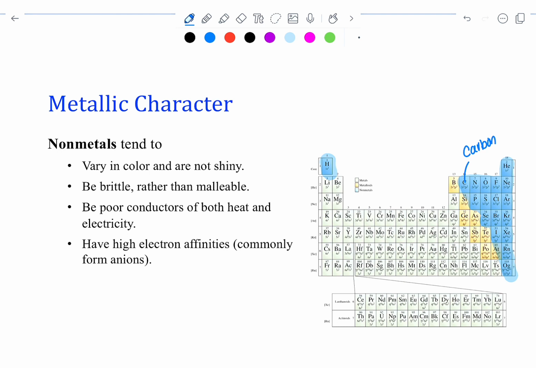They're also poor conductors of heat and electricity. Obviously, there's some exceptions to that, like carbon. And they also have very high electron affinities. So they want to form anions, so they want to take on electrons.